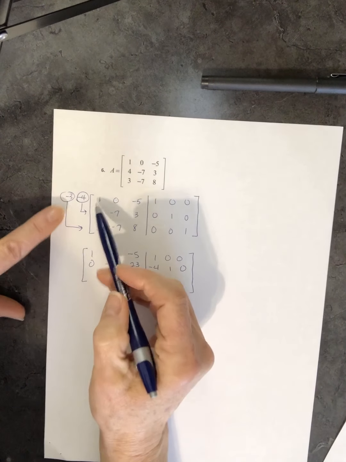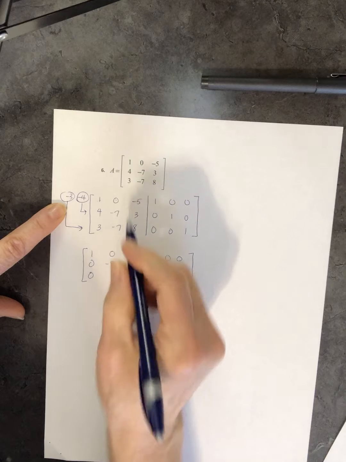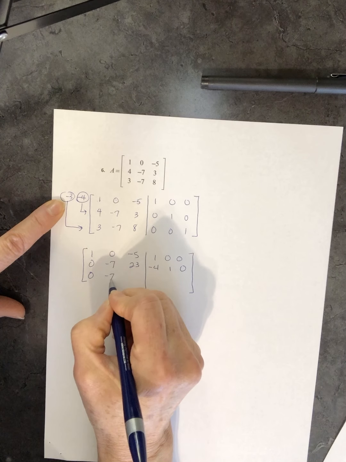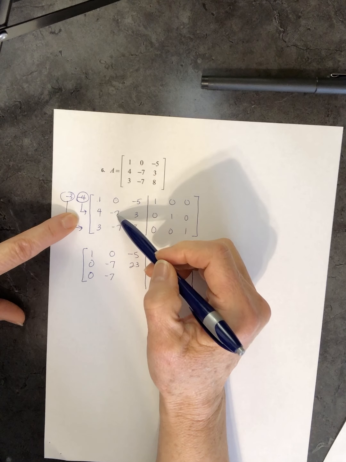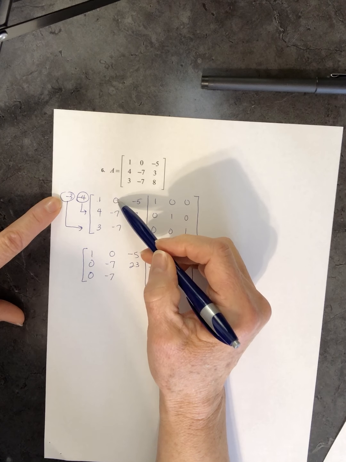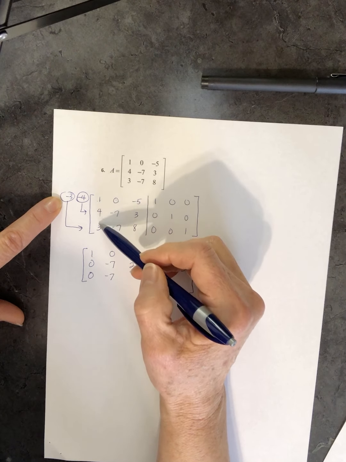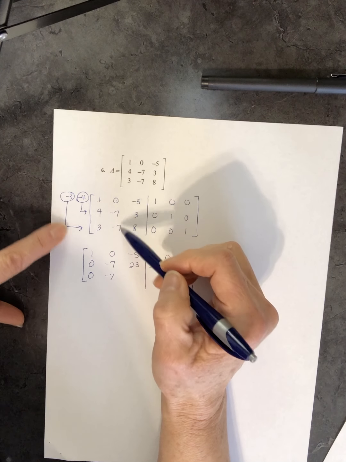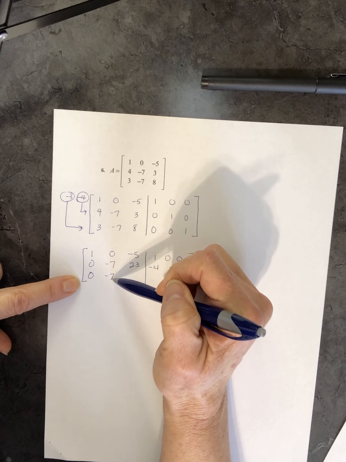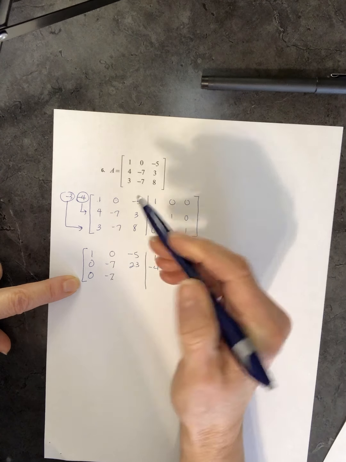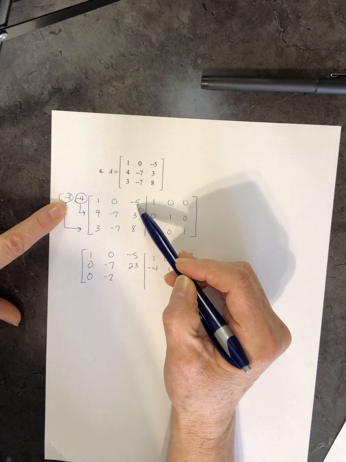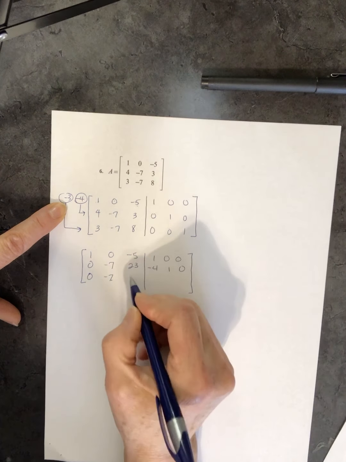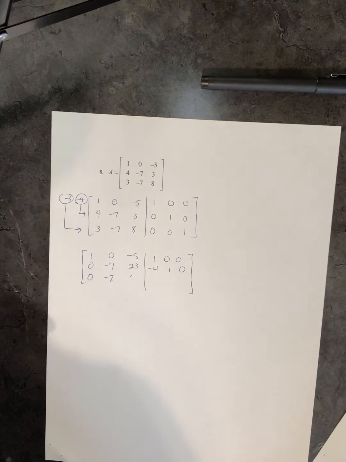Okay, now I've got -3 and 3 is 0. 0 and -7 is -7. Okay, and then that's going to be -15, +15 and 8 is 23.